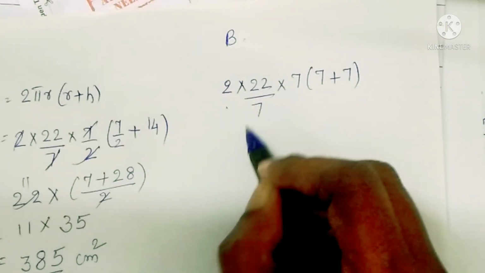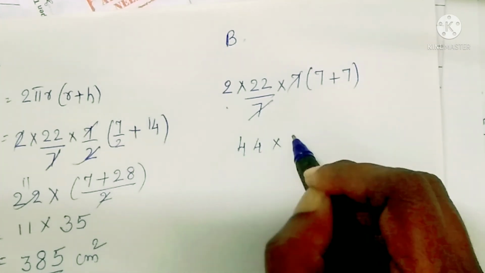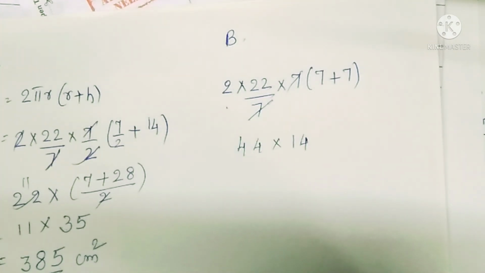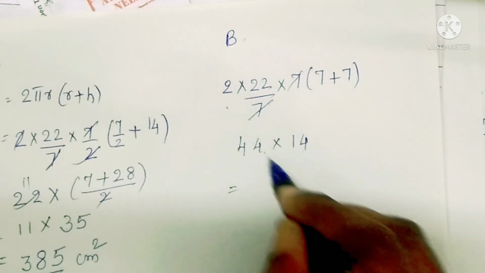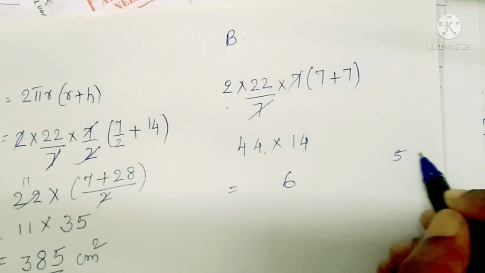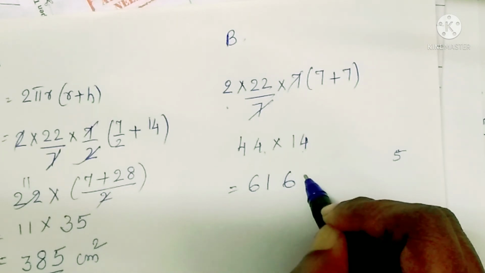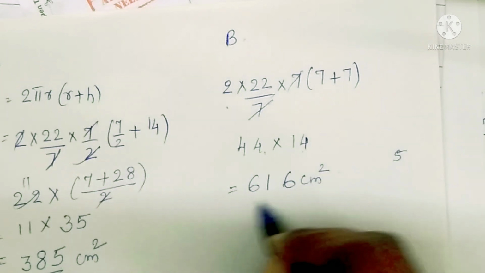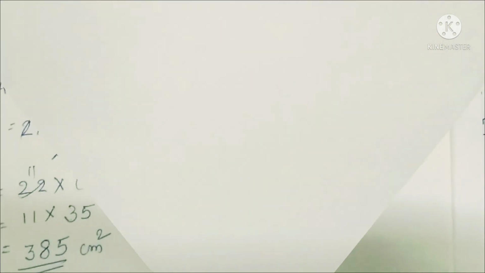Now here, what will be the condition? 7 gets cancelled, 44 into 14. 14 fours are 56, 56 plus 5, 616 centimeter square. So again here the surface area also will be greater. That's all for today. The remaining questions we will do in the next class. Thank you.